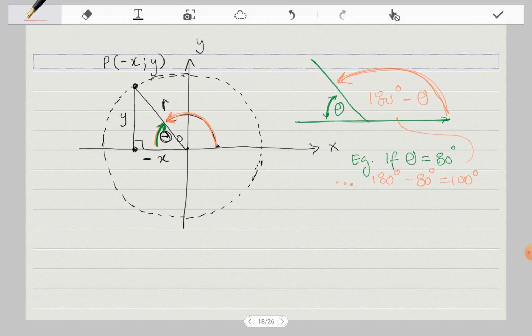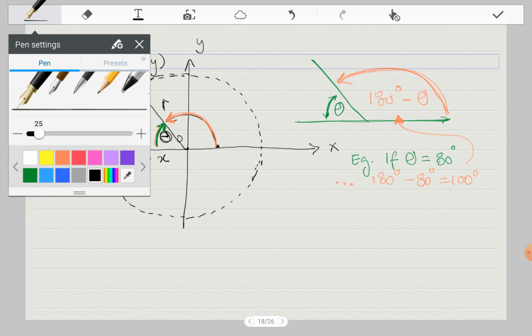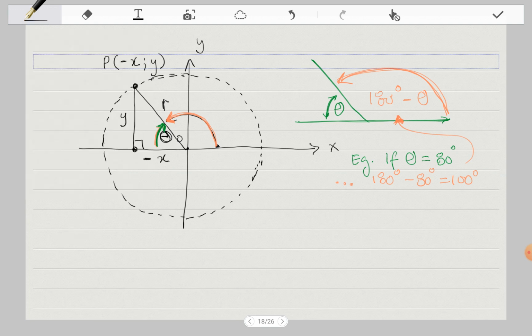So this is actually the angle that we're measuring off of, because we're using that same angle in the second quadrant. Coming down and writing the trig ratios here, sine of 180 degrees minus our angle theta is equal to what?